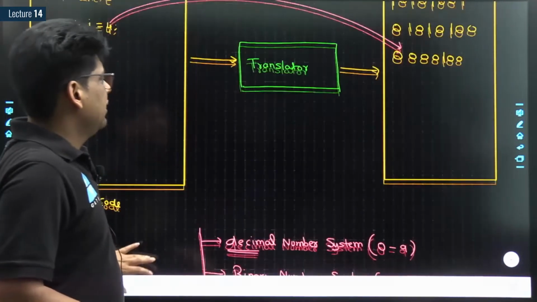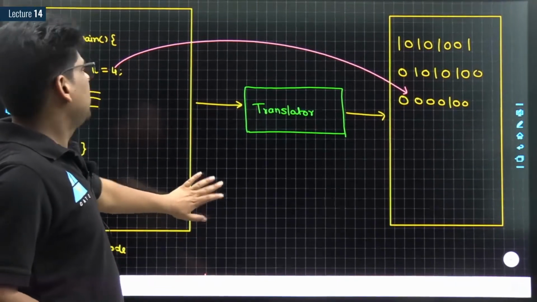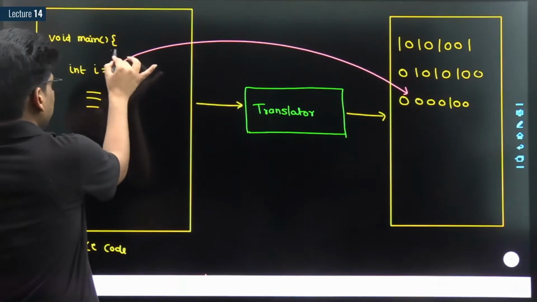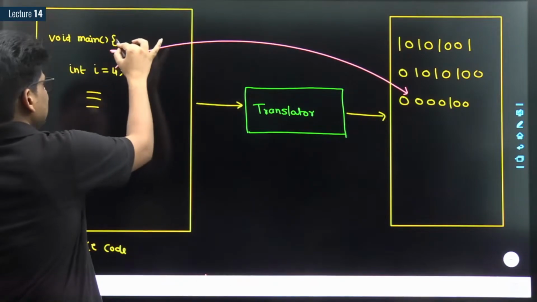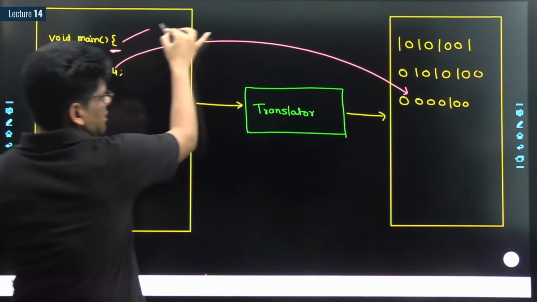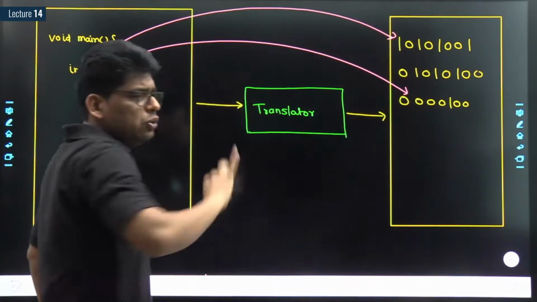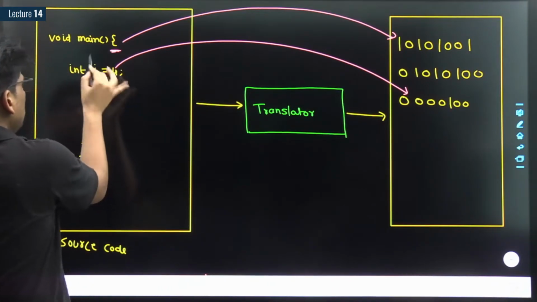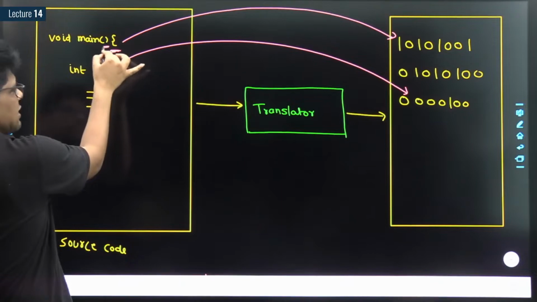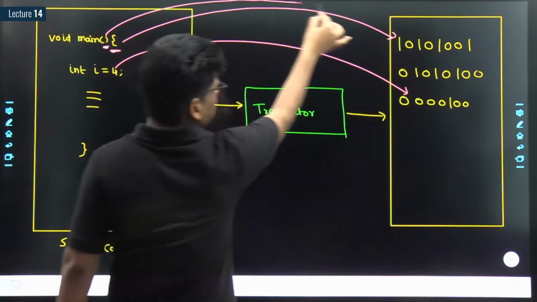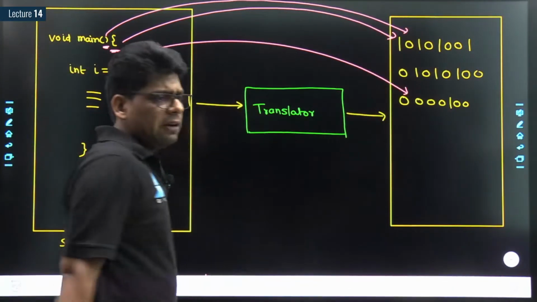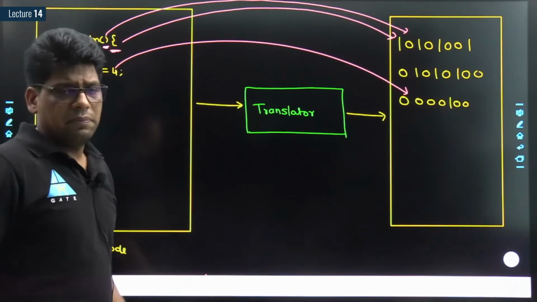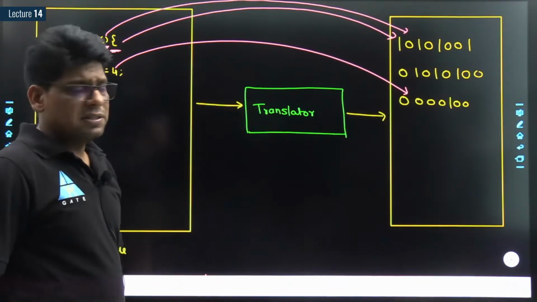But the main problem is, is it a number? No, sir, it is a curly bracket. This is converted, this is also converted into 10. How is it possible? Somehow this brace must be converted into some sequence of 0 and 1. How is this happening?